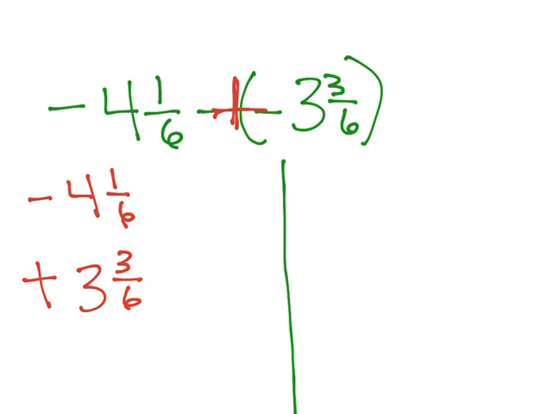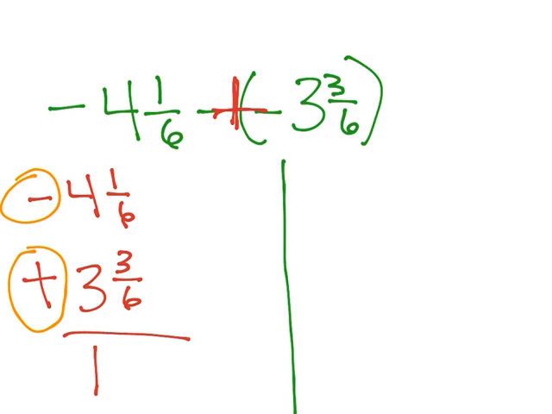Okay, so the signs are different, so I subtract. I'm going to subtract 4 minus 3 to get 1. And here I am again, left with a situation where I have 1 minus 3, and I cannot take 3 from 1.